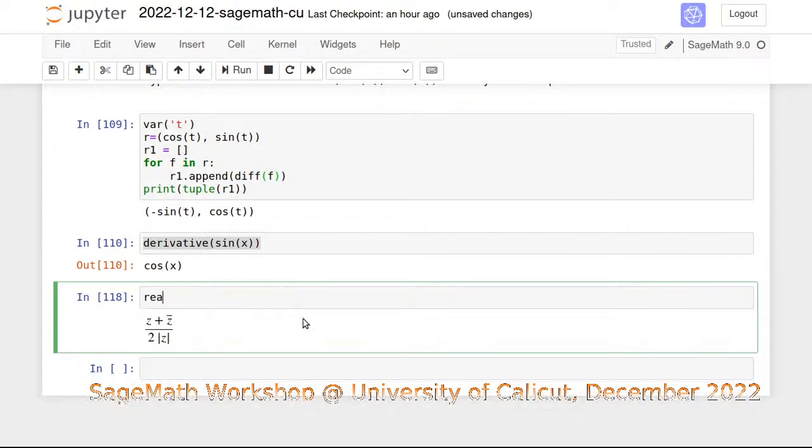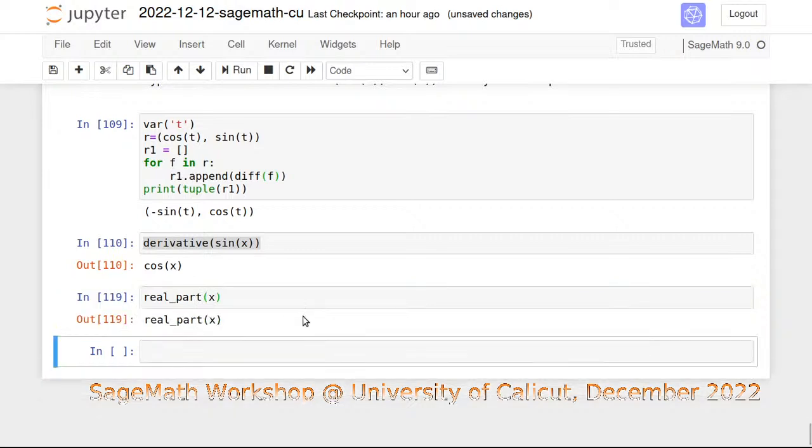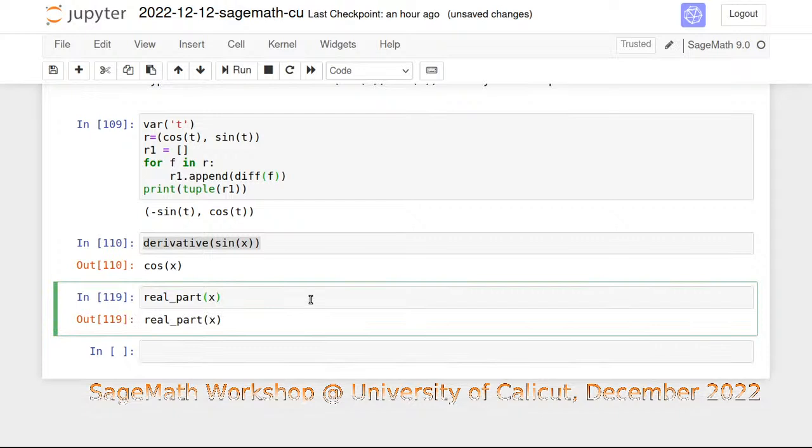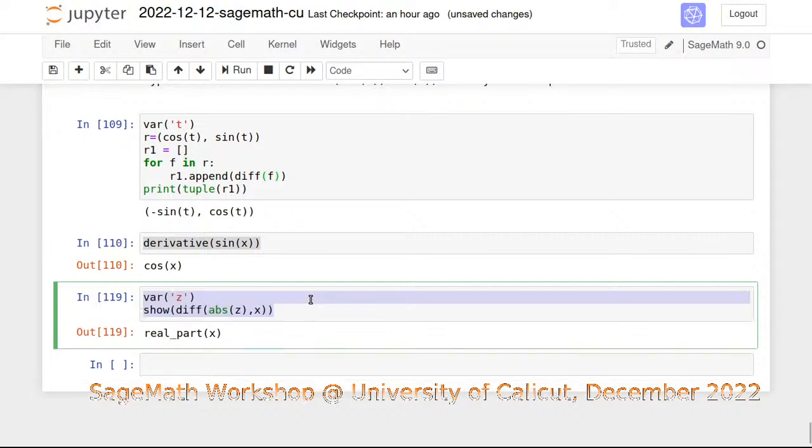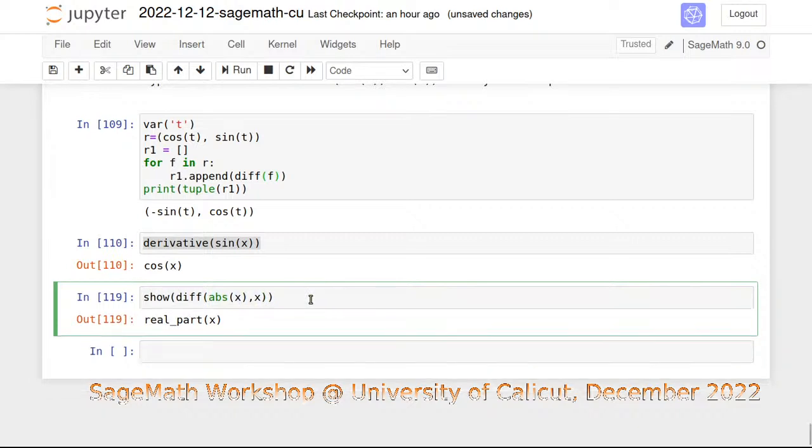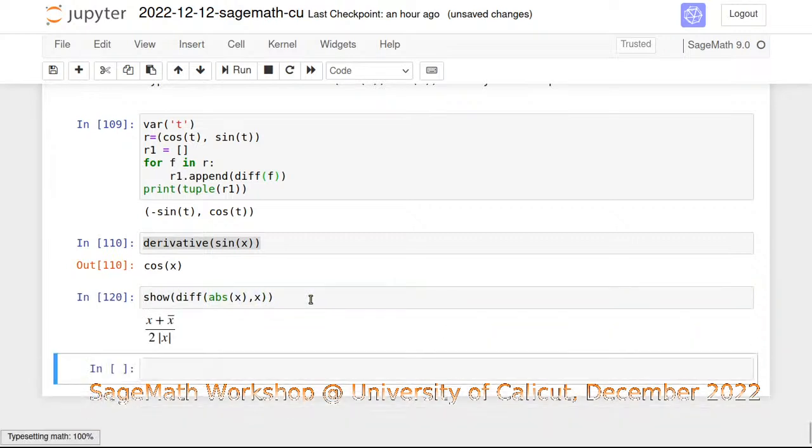Is there a command called real, a real part of x? So what it might be thinking is absolute value of x taken with respect to x. So that's a complex thing.